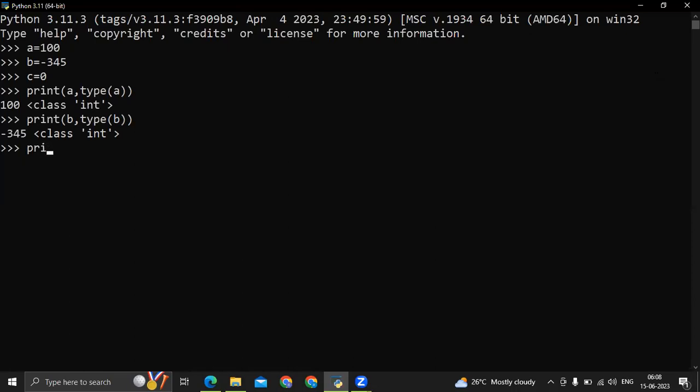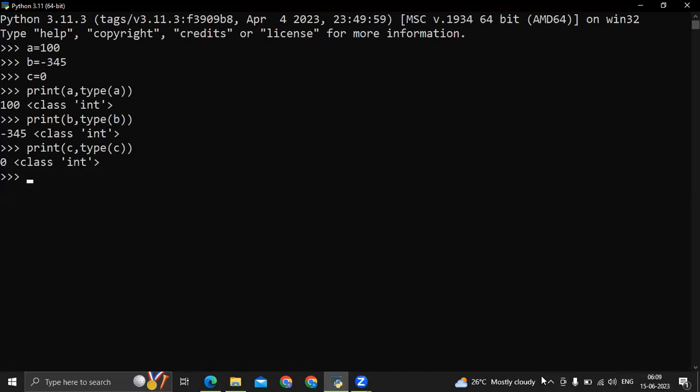Now print C, comma, type of C. This is also an int type. So what does it do? It stores the integer data, which means numbers without decimal places.